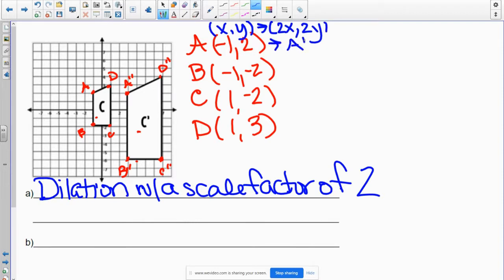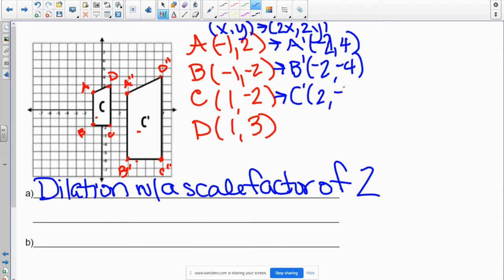So A prime would be at -2, 4. B prime should be at -2, -4. C prime would be at 2, -4, and D prime would be at 2, 6.